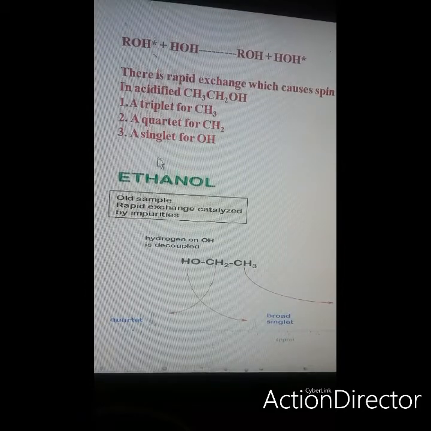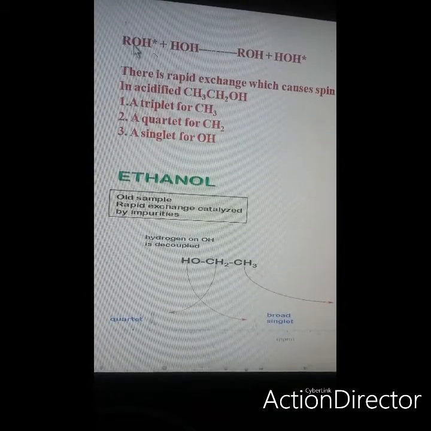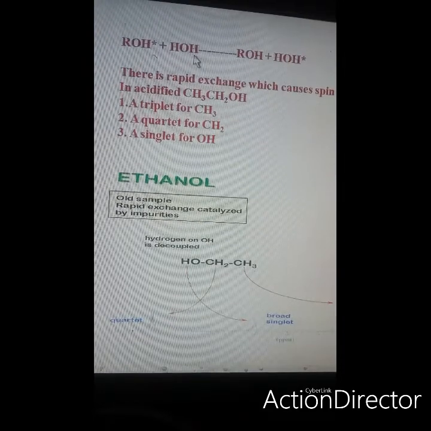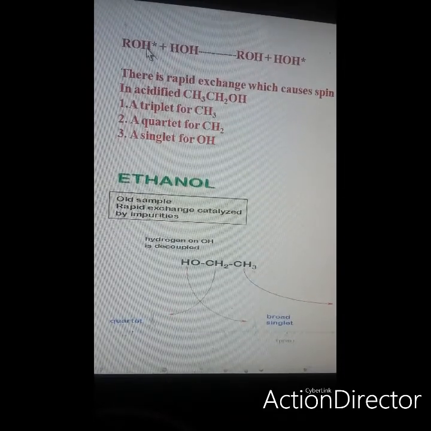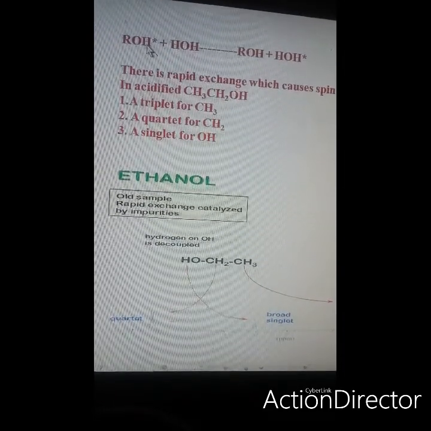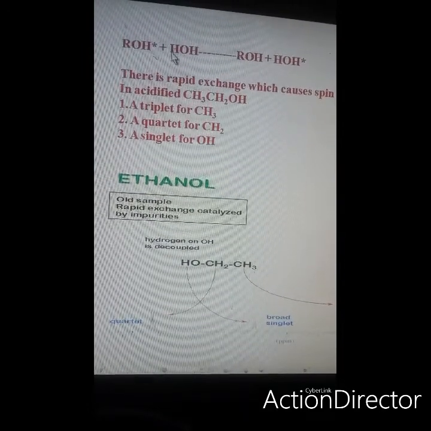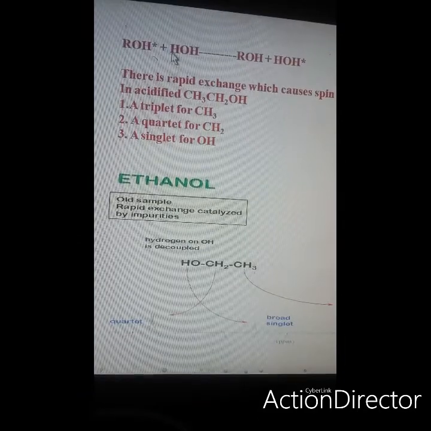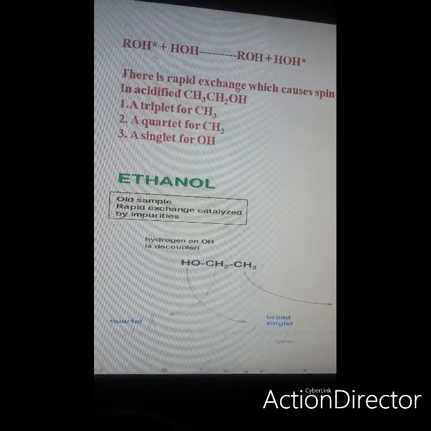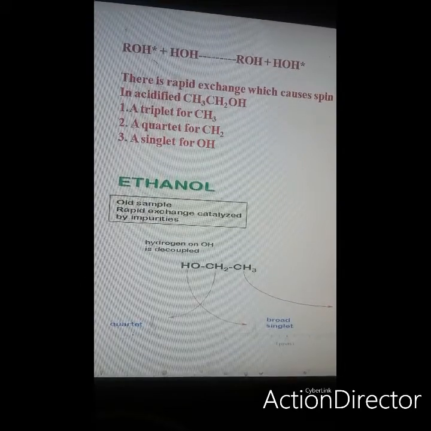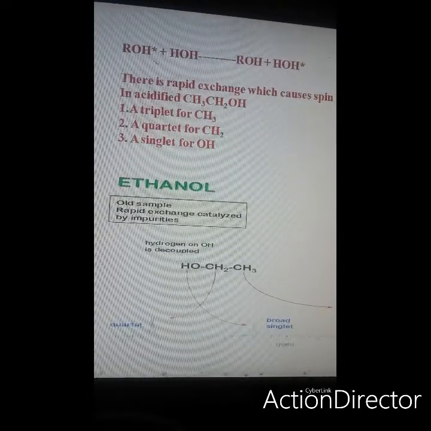This is the proton exchange reaction. Now let us take CH3CH2OH, and this is the moisture, HOH. Now the OH of ethanol will be busy exchanging with this proton. As a result, that OH will not show coupling with CH2. So there will be spin decoupling.